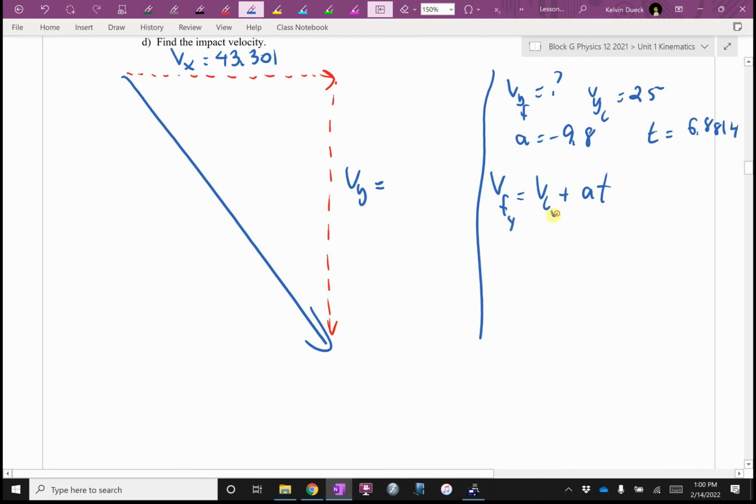Just make sure everything is vertical. It's going to be positive 25 plus negative 9.8 times 6.8814.